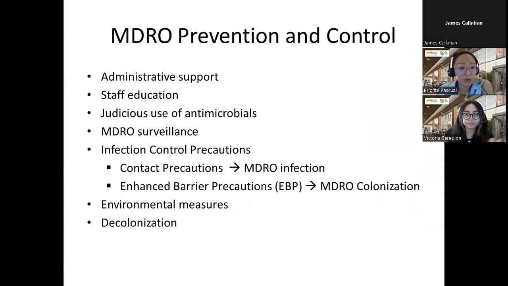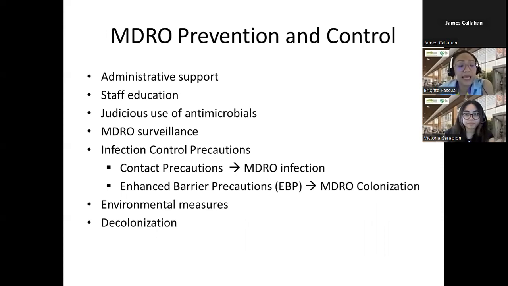MDRO prevention and control. Preventing infections will reduce the burden of MDROs in healthcare settings, and prevention of antimicrobial resistance depends on appropriate clinical practices that should be incorporated into all routine patient care. This includes the following: administrative support, which covers your policies and procedures, staff education, and judicious use of antimicrobials.